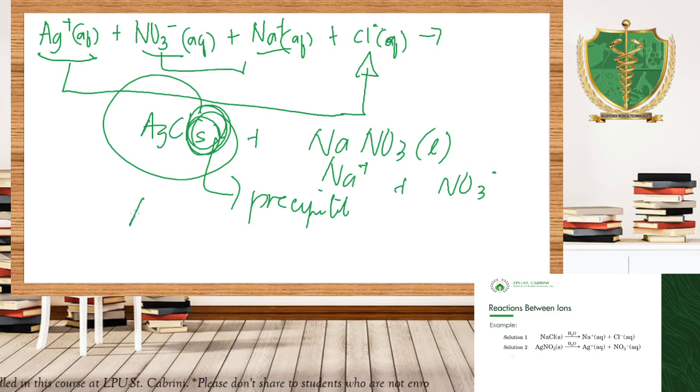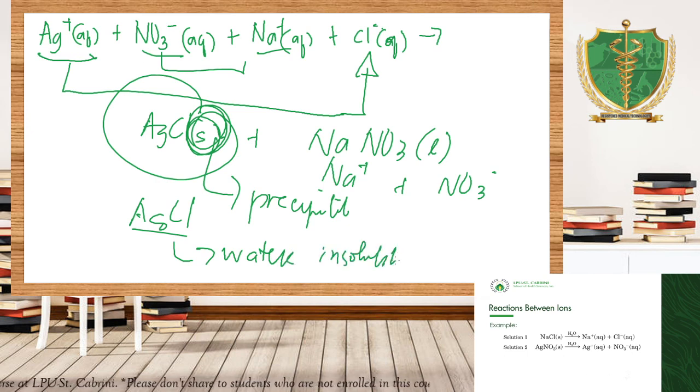Which means silver chloride is an example of your water insoluble. As you can see in our previous example in the video, after the addition of sodium chloride, it forms a precipitate. It forms a white turbidity. And that turbidity, after settling down, will become the precipitate. And that is our silver chloride.